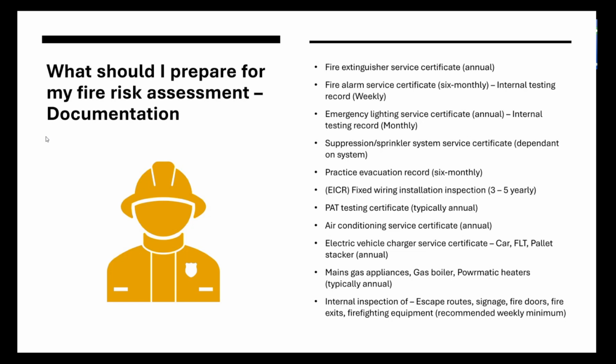Suppression systems or sprinkler systems, the frequency of inspection or of service on those will depend on the systems themselves. Quite often you'll find it in the manufacturer's instructions. We typically follow those as gospel in regards to servicing equipment like this. They should also be recorded in the fire logbook as well.